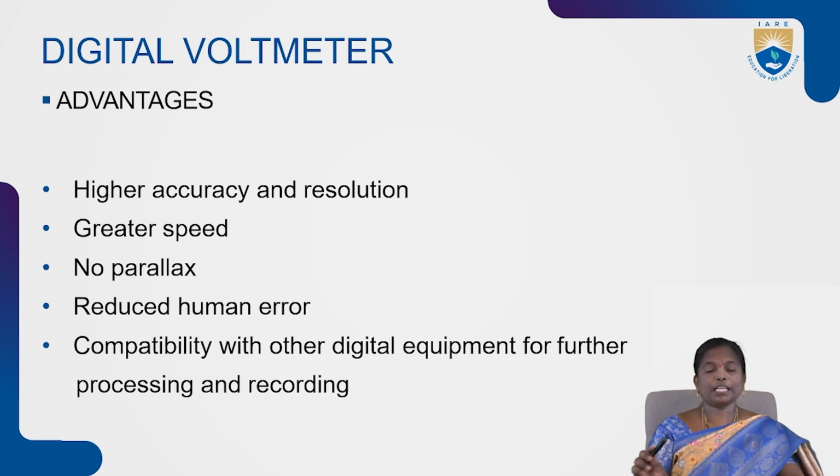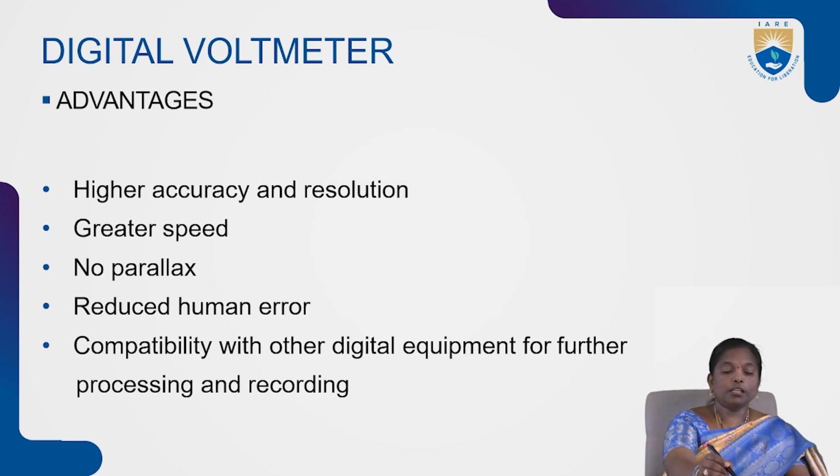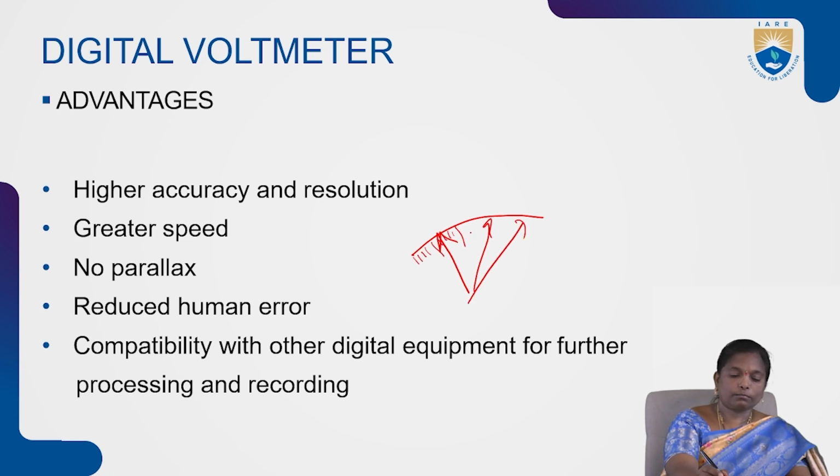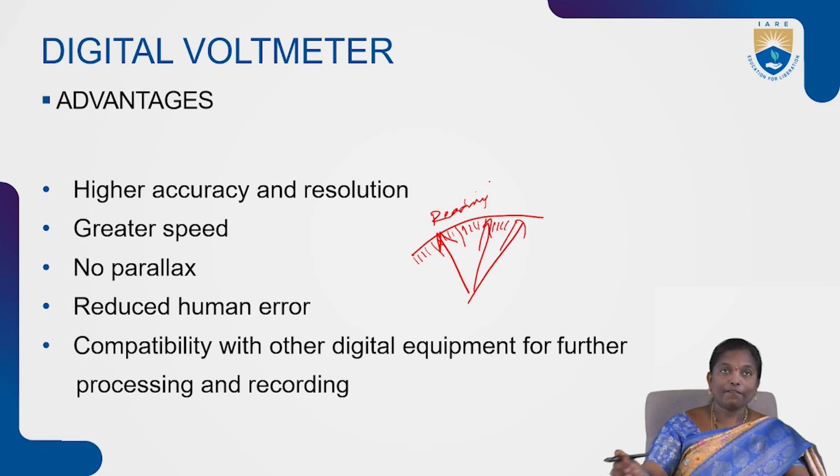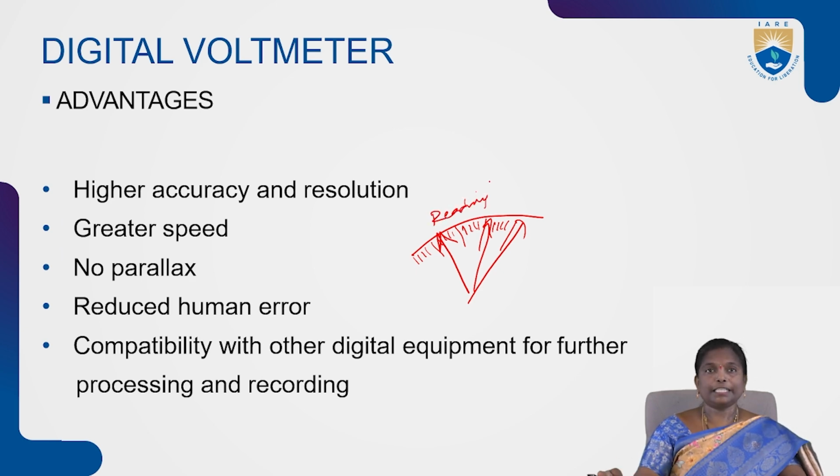If you go for an AC voltmeter, there exists a needle, and due to this we have to measure the reading by eye. With a pointer like this, while measuring the readings, the reader can get a problem.